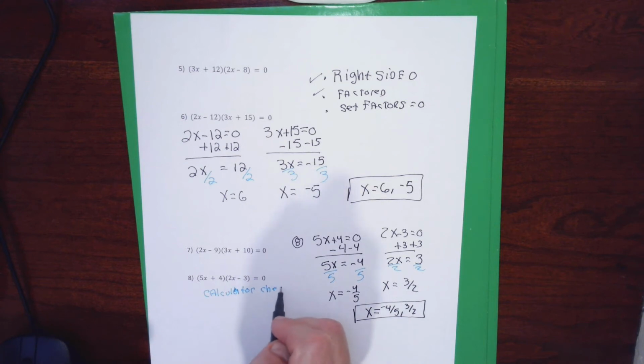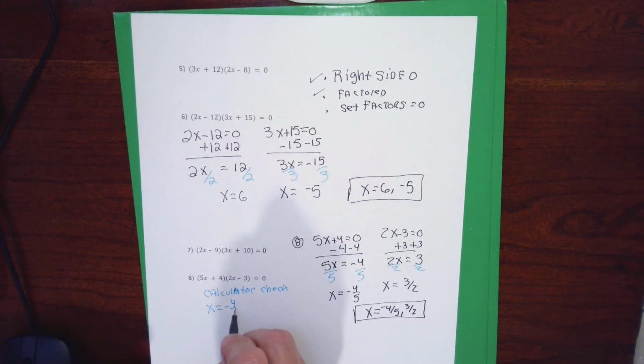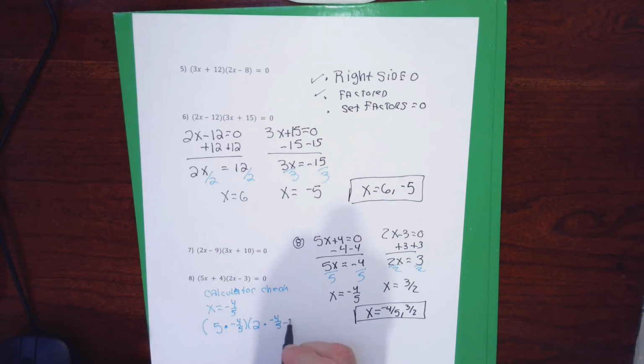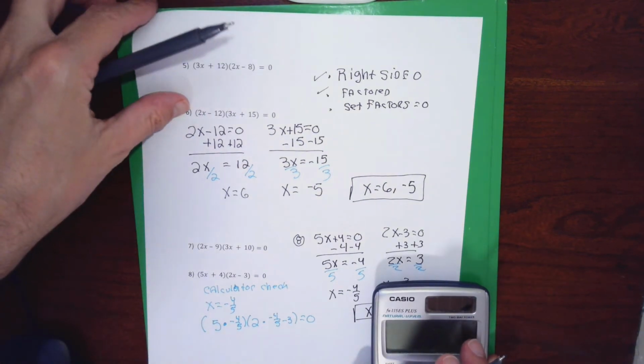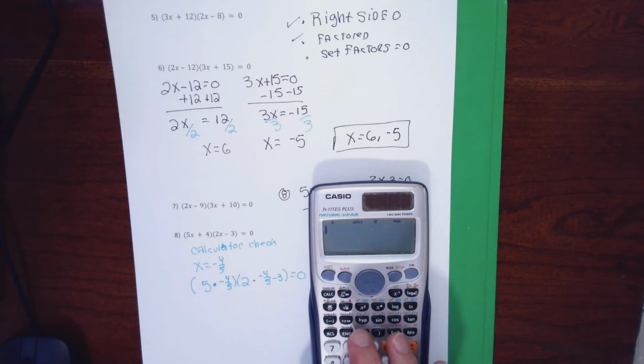I'm going to calculator check x equal negative 4/5 by going 5 times negative 4/5 times 2 times negative 4/5 minus 3. And the only way this is right is if when I enter this I get 0. If I don't get 0, I've made an algebra error. So I might make a calculator error, but let me try this.